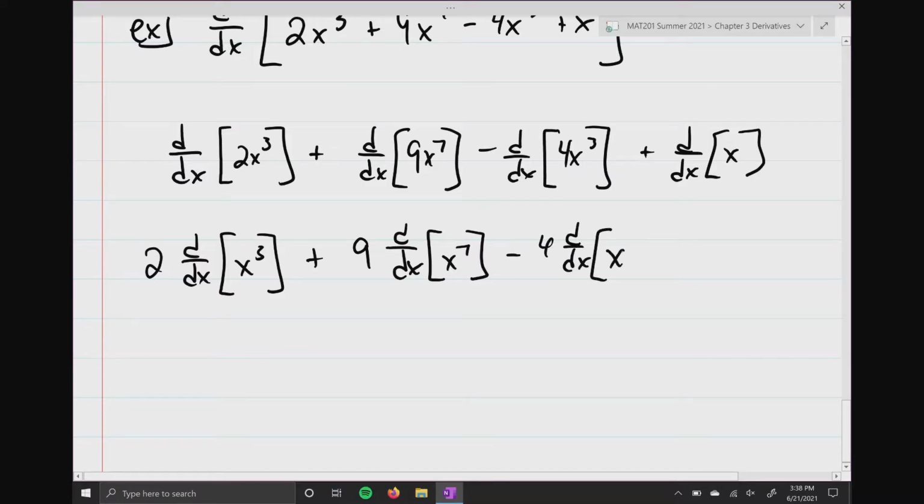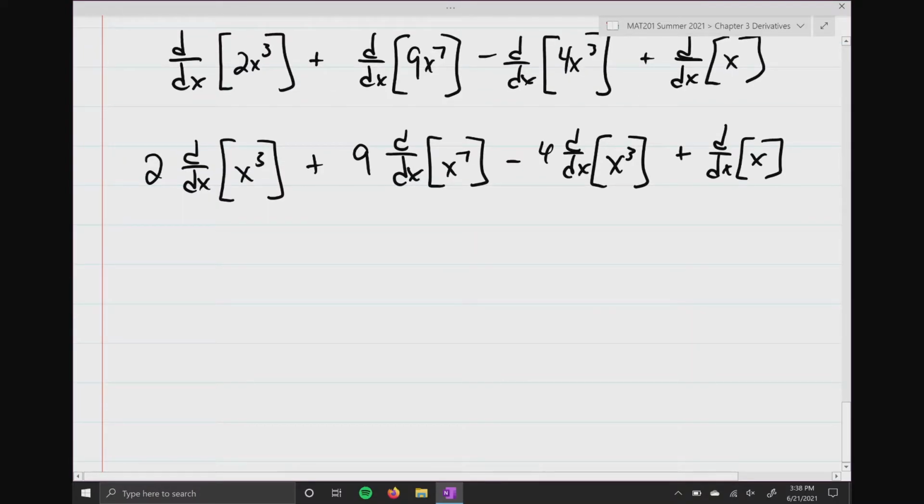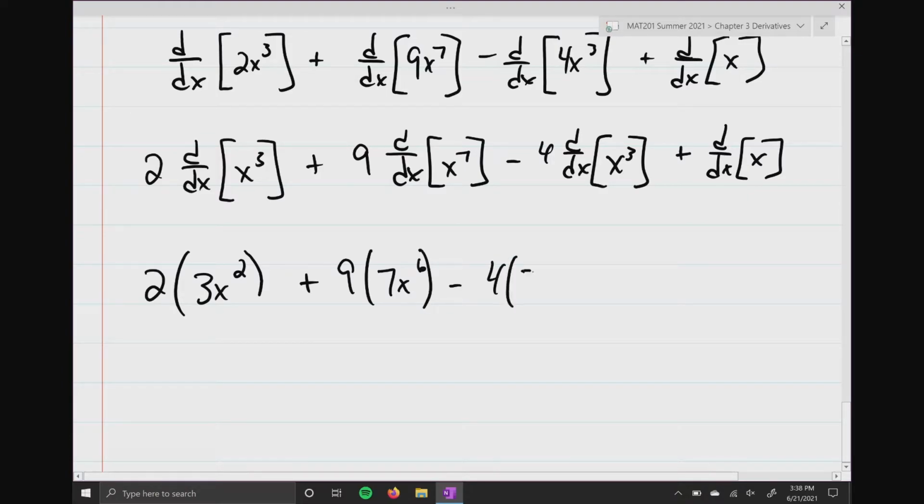Like I said, it's a lot of writing. And then from left to right, I'm just going to take each derivative. So I get 2 times 3x squared plus 9 times 7x to the 6th minus 4 times 3x squared plus 1.